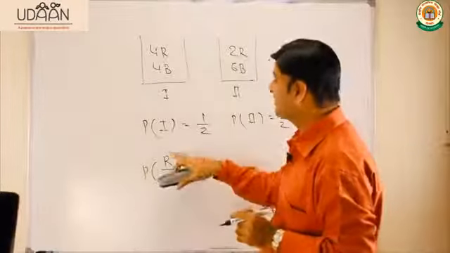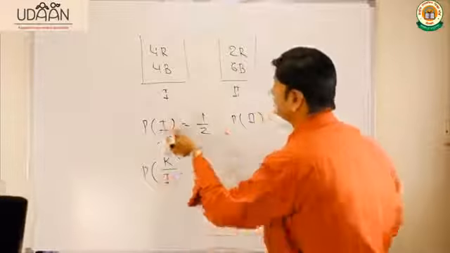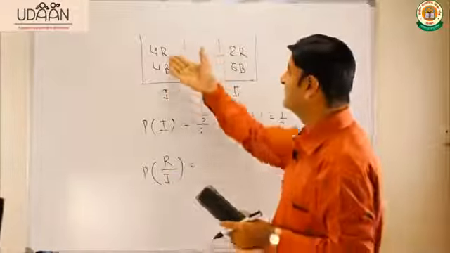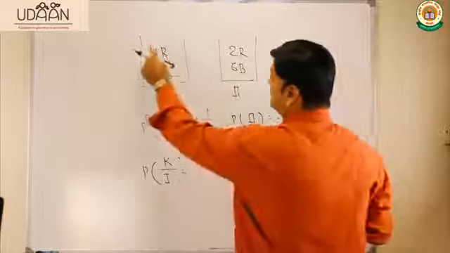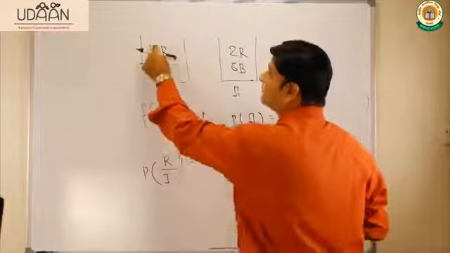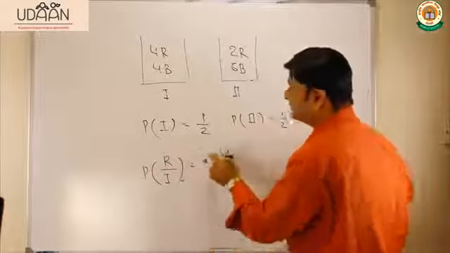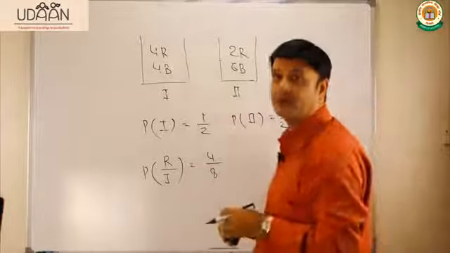So, repeating, probability of getting a red ball when bag number 1 is selected, is simple. Just by common sense you can say there are 4 red balls which are favoring you, and the total possible outcomes are 4 plus 4, 8. So P of R upon 1 is 4 upon 8.